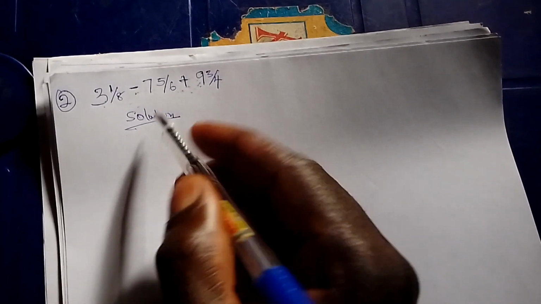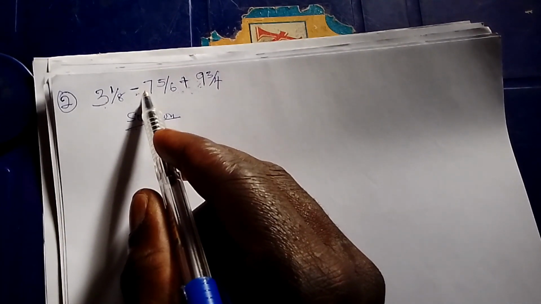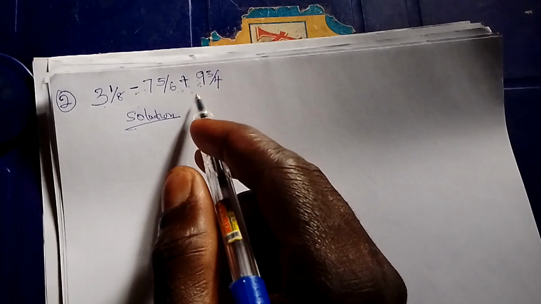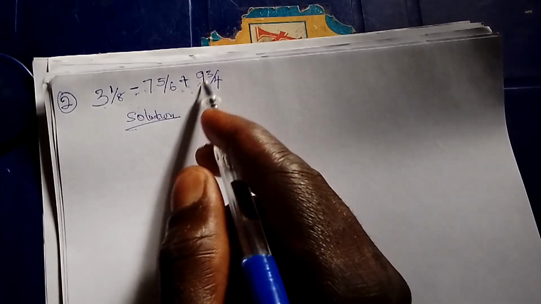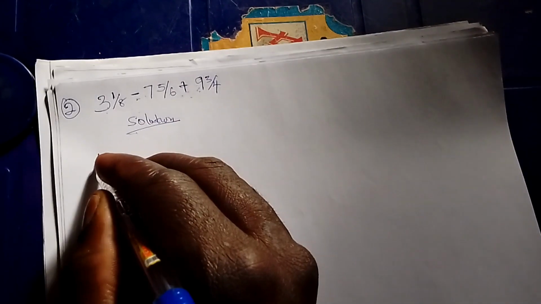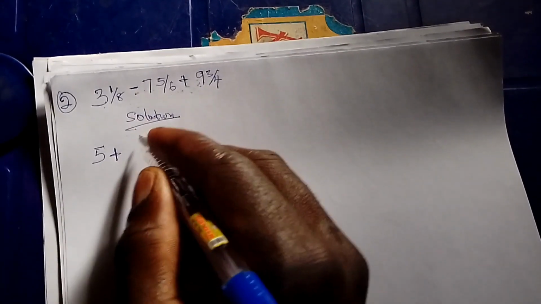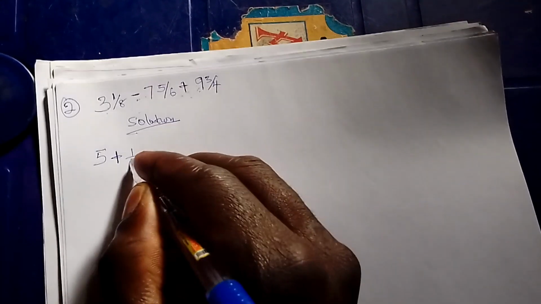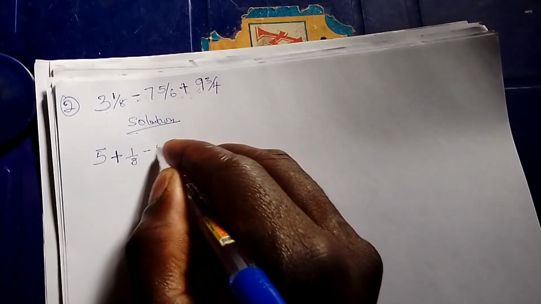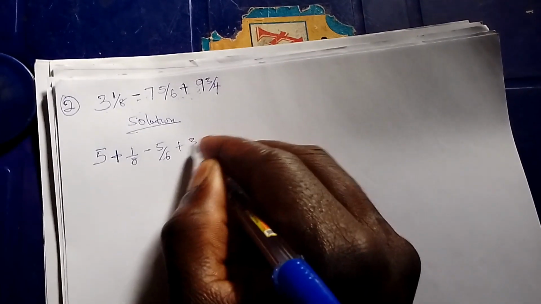So 3 minus 7 plus 9, you know that 3 plus 9 is 12. 12 minus 7 is 5. So I have 5 whole number plus, then the fraction part remains 1 over 8 minus 5 over 6 plus 3 over 4.